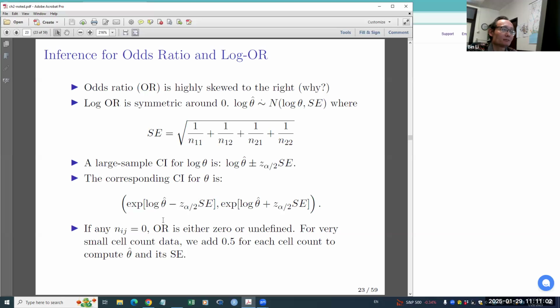Okay, the inference for the odds ratios. The odds ratio is highly skewed to the right. Think about it, why is it highly skewed to the right?